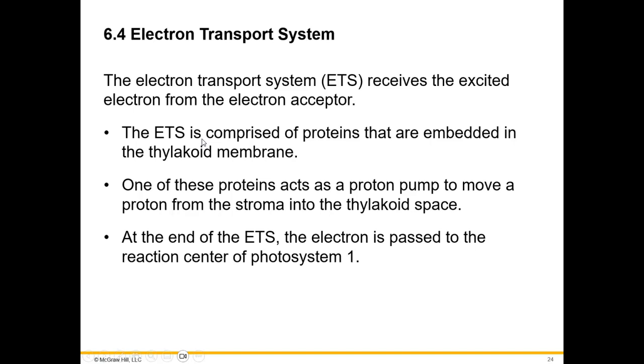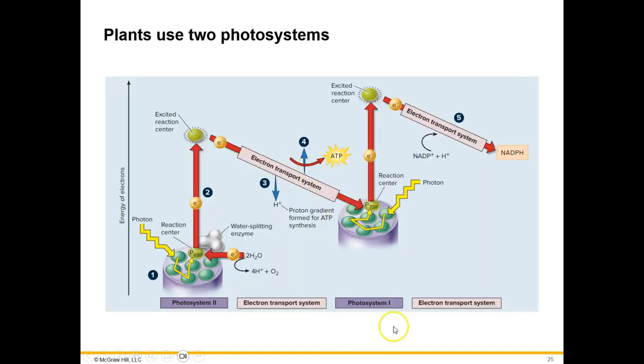At the end of the electron transport system, the electron is passed to the reaction center of photosystem 1. Remember, photosystem 1 is the second in order for this process. So now we come here to photosystem 1. We've got our ATP production that just took place as a result of those hydrogen ions coming through our ATP synthase channel.